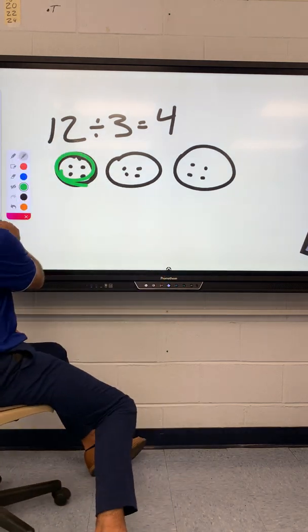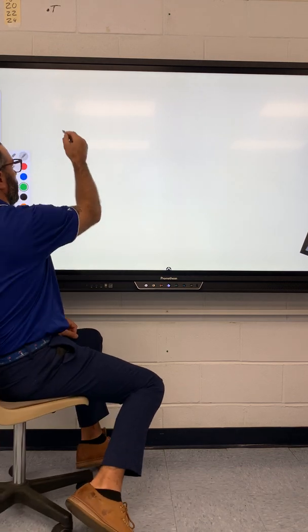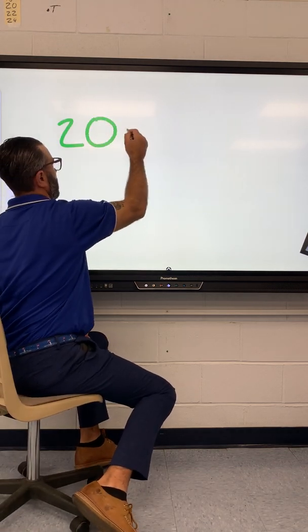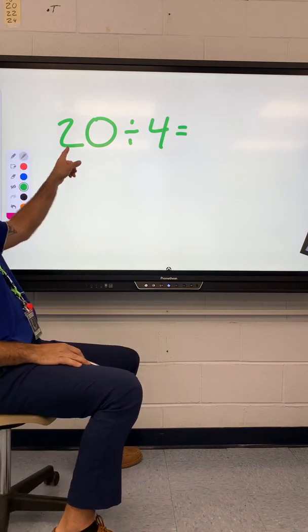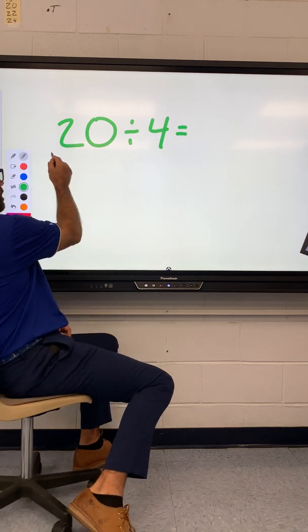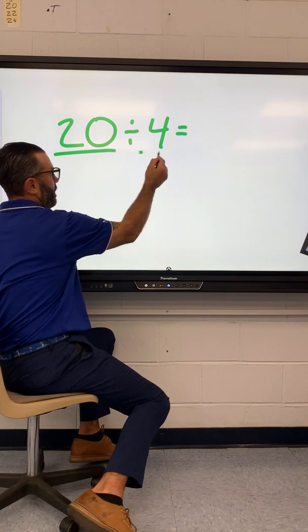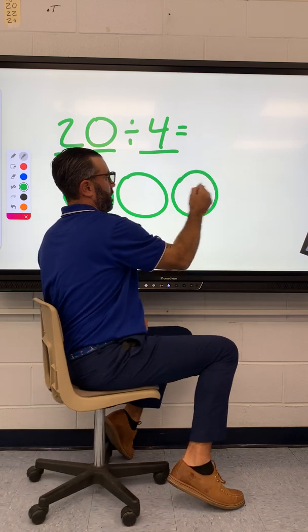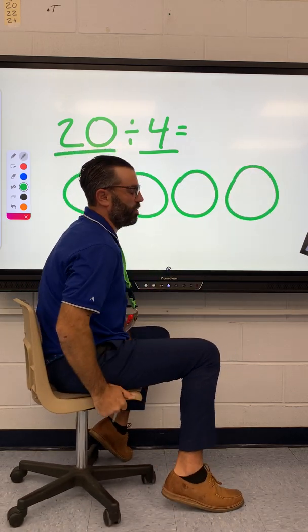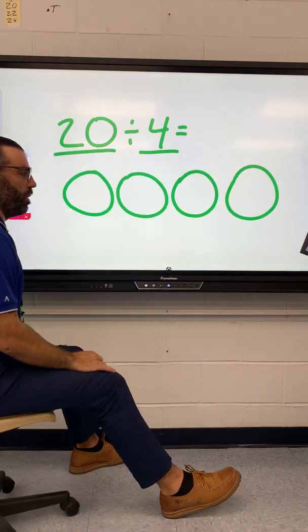Okay, we do another one. Say I was doing 20 divided by 4, right? My total is 20, and I'm splitting it up into 4 groups. 1, 2, 3, 4. We're just putting 1 in each until we get up to 20.